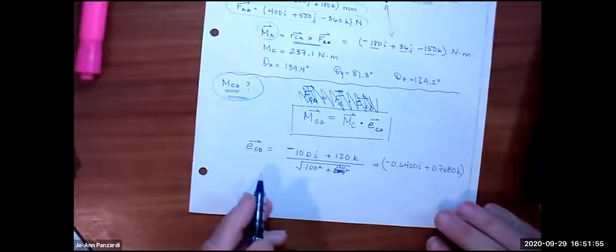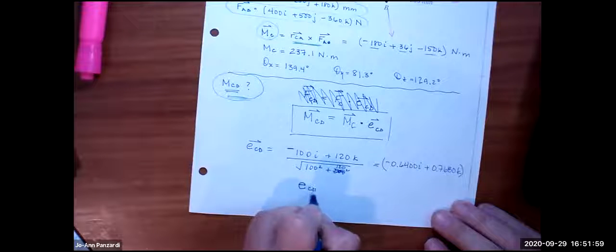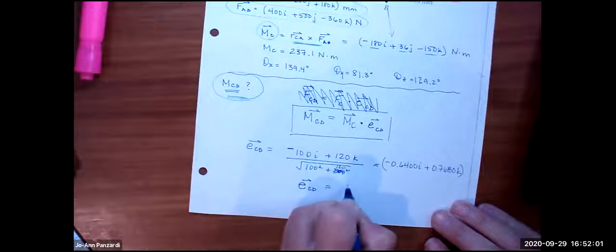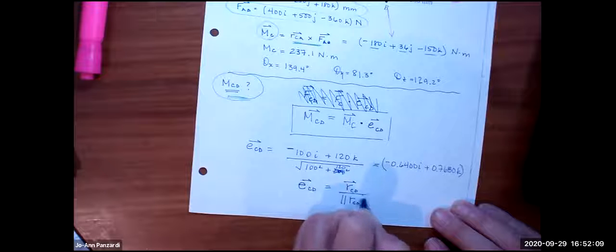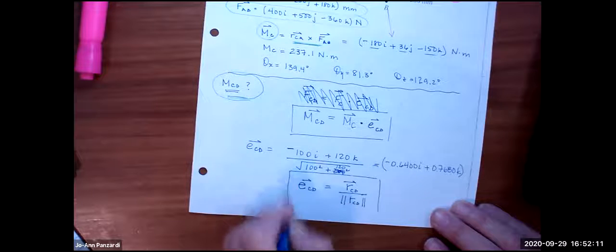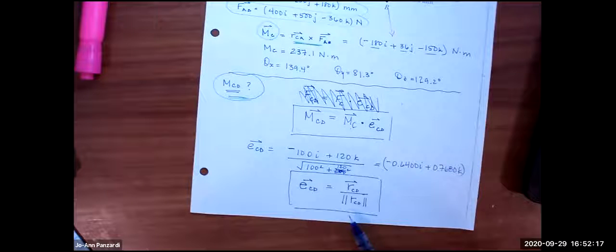Hey, I want to write something. e_CD is equal to my R vector CD over the absolute value of the R vector. Daniel, is this correct? Let's see, R_CD, so we have it divided by the magnitude.